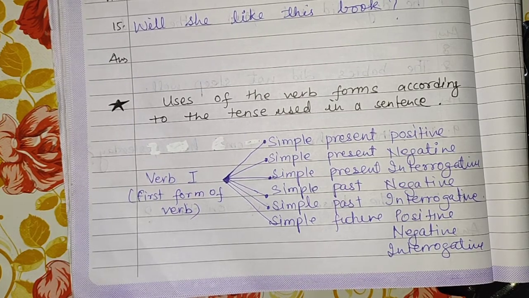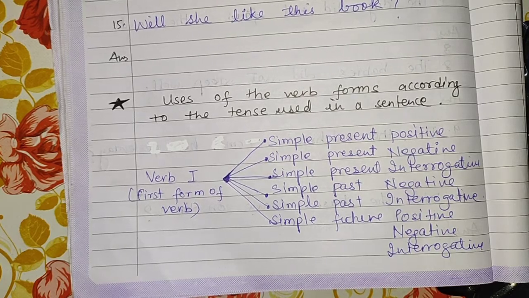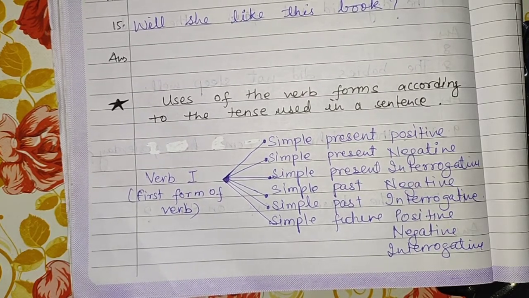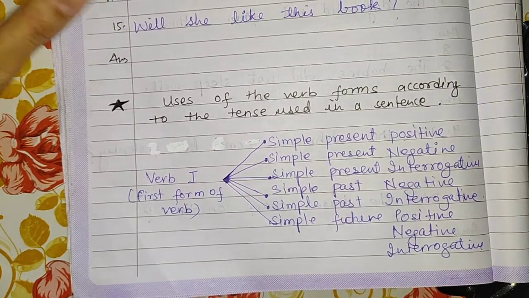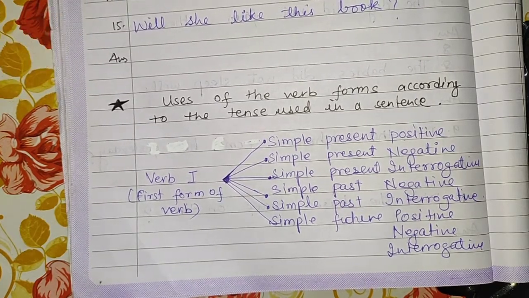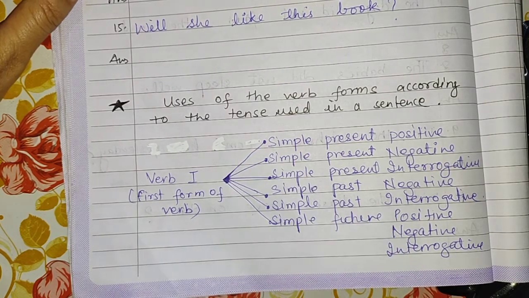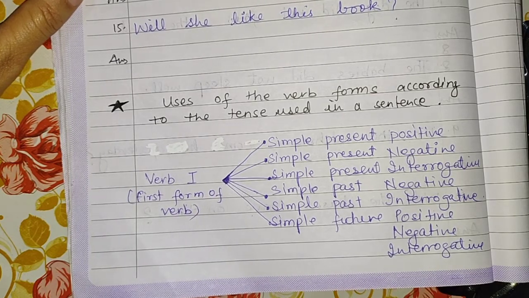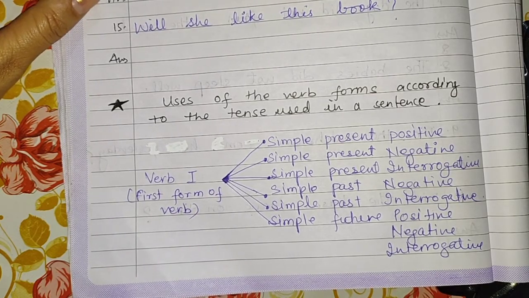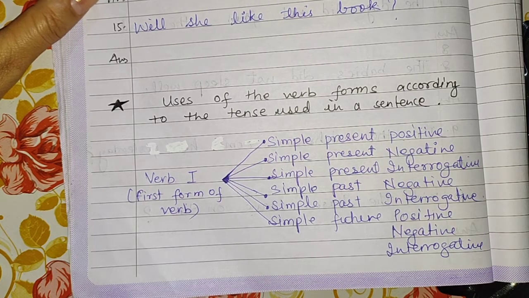So Mohan, she, he, it are all subjects which I am using in singular form. When I take a singular subject in a simple present positive sentence, I will use verb 1 with s. It means: she dances well, she sings well, Geeta writes neatly.